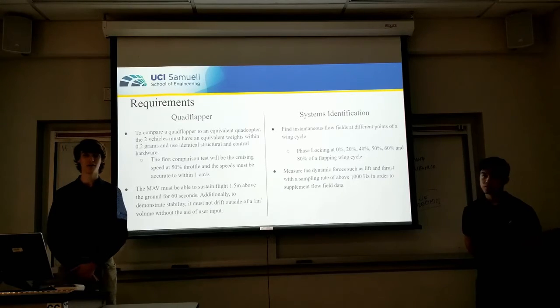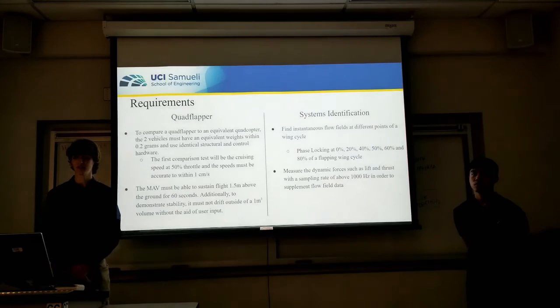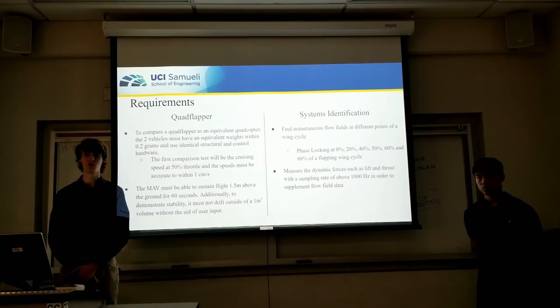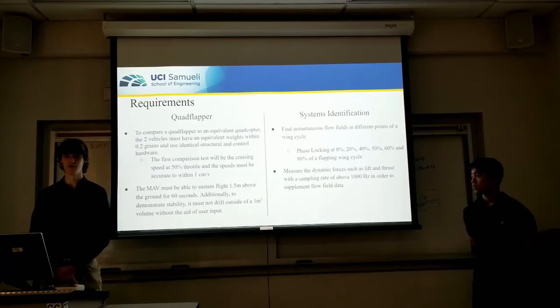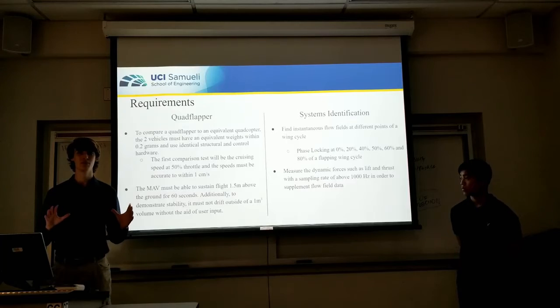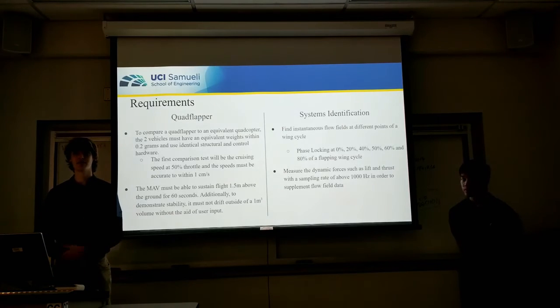Secondly, for the micro air vehicle, we'd like it to be able to sustain stable flight 1.5 meters above the ground for 60 seconds. To quantify stability, we've determined that it'll have to stay within a 1 cubic meter volume without the aid of user input to keep it from drifting outside.